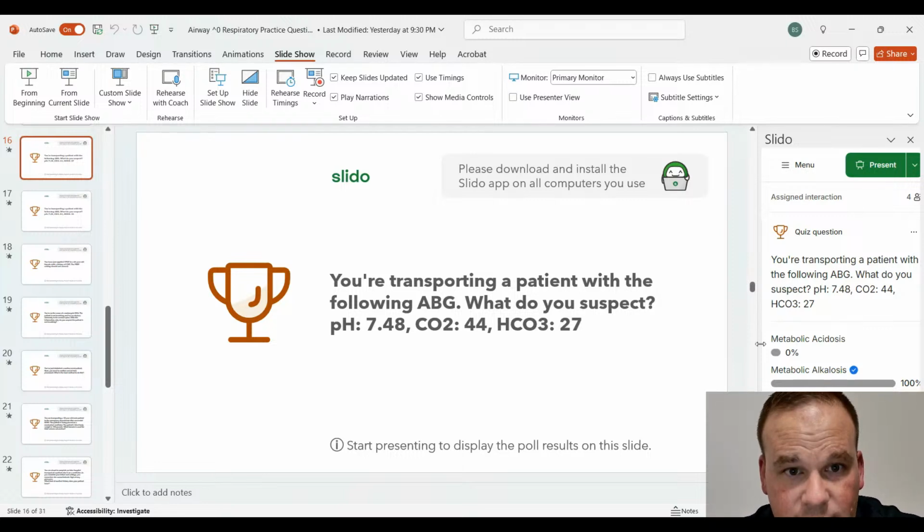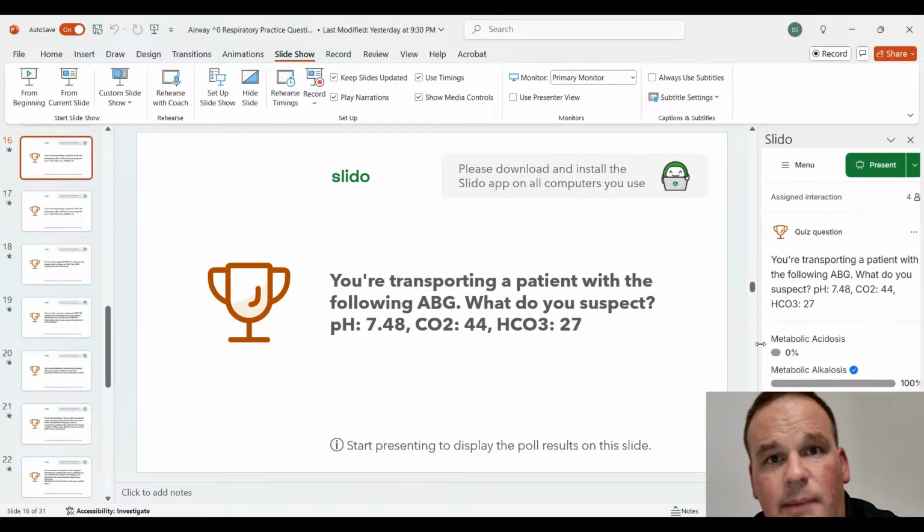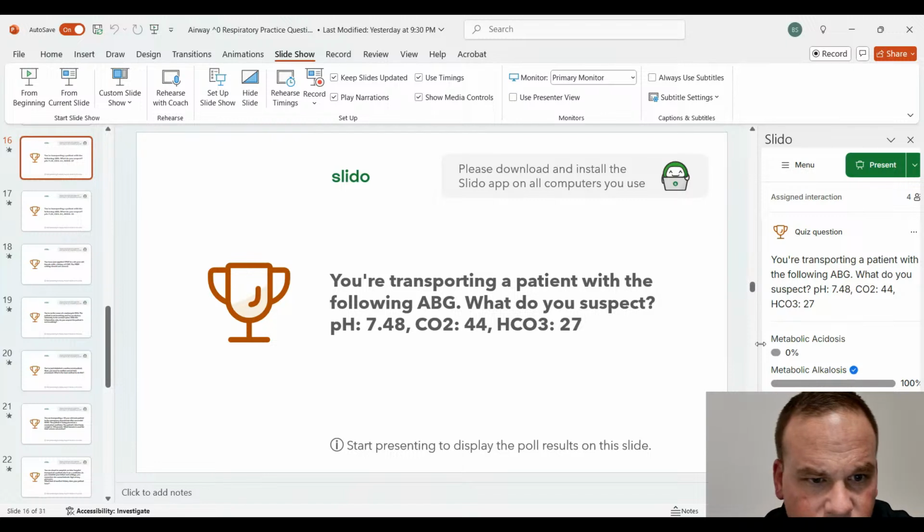It's very likely that you get a scenario, and at the end of it, it's an ABG question, but you're not given any values. You're just given a sign or a symptom, and you're expected to identify what type of ABG problem this patient would have. So let's talk about a few of those real quick, and I'm going to back up to the previous slide.